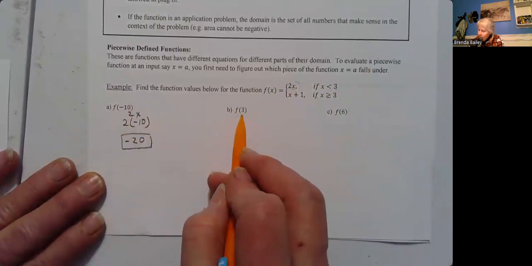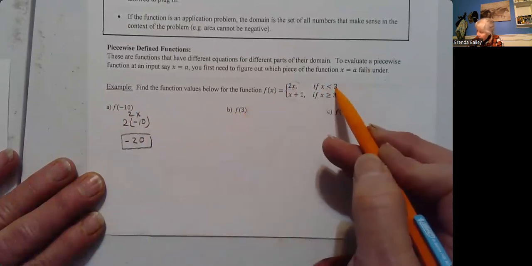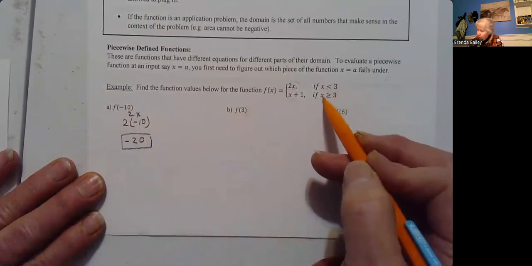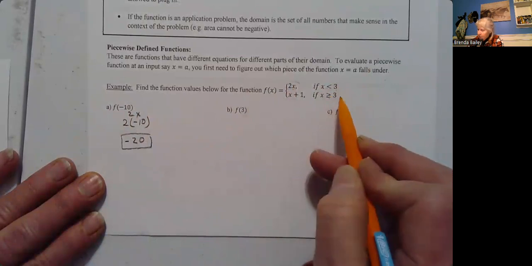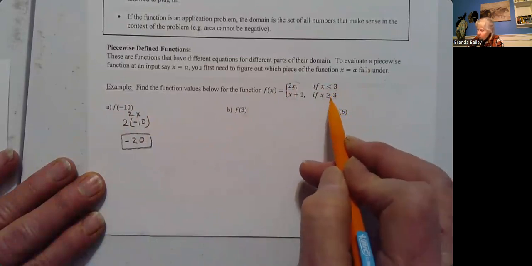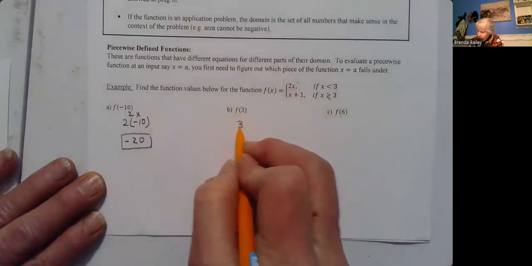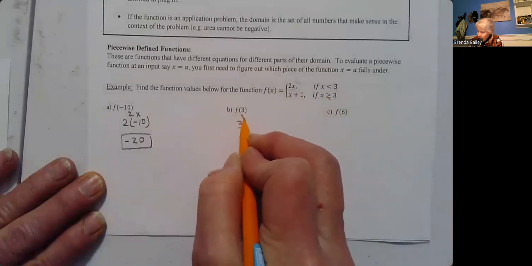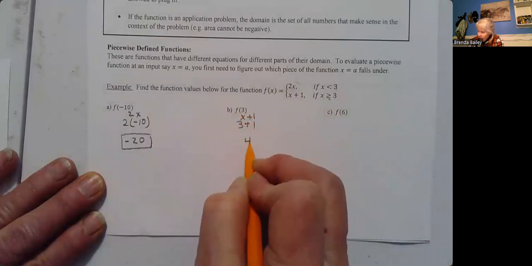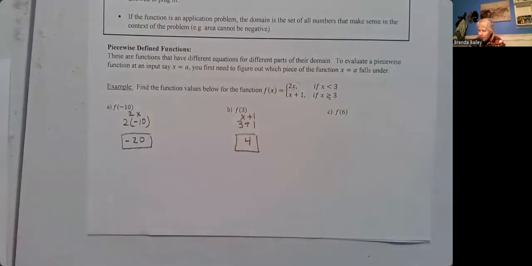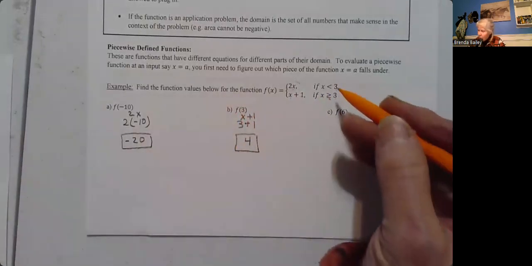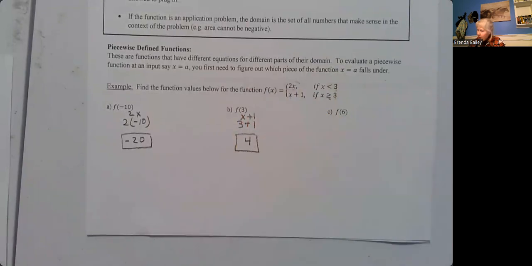Where does 3 fall? Is 3 less than 3, or is 3 greater than or equal to 3? It fits this one, right? So we're going to put 3 in here. I meant to write x plus 1. 3 plus 1. You get 4. So this determines which one of these you use.